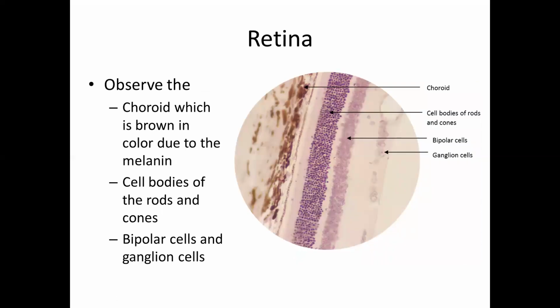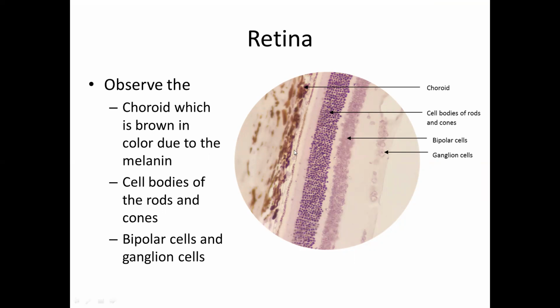Then moving on to the retina, as I told you, there are 10 layers of the retina. Here you can see the cell layers which are easily seen in the retina, and you can also see the choroid, where the melanin in the cells of the choroid gives it that typical brown color.